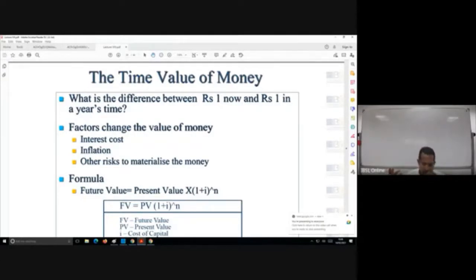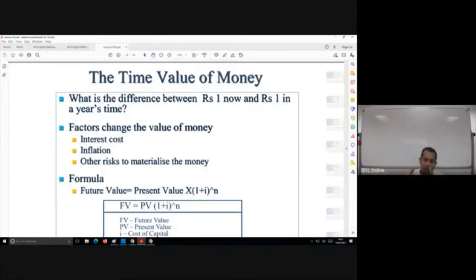Just think, last year what we used to buy with 100 rupees, can we buy the same amount with 100 rupees today, right? So with time, the value of money comes down, but only the face value remains the same.